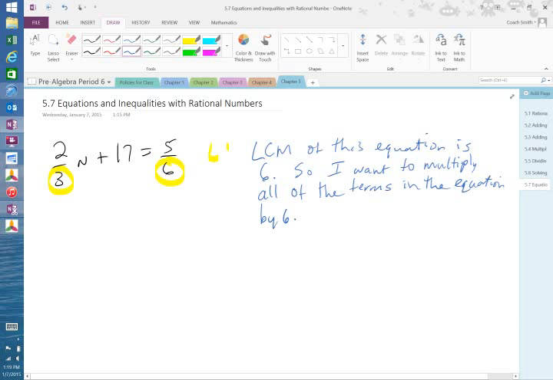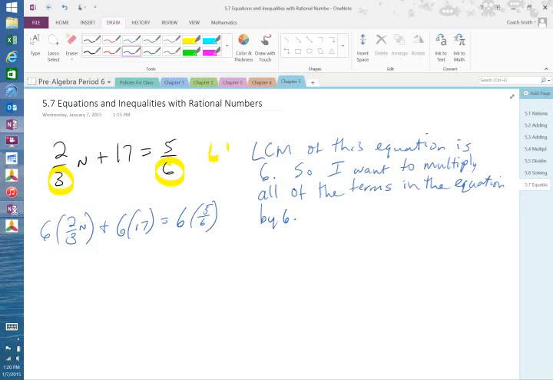Here's what it looks like: 6 times 2/3 n plus 6 times 17 is equal to 6 times 5/6. Since I did it to every single term, it is an equivalent equation. If I had just multiplied 6 by the two different fractions, then it's no longer an equivalent equation.